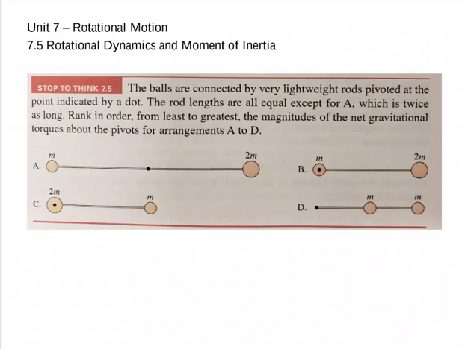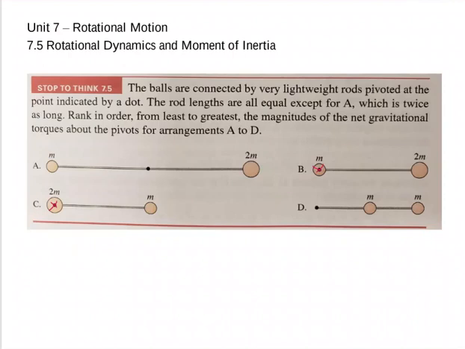Okay. So you're saying C is greater than B or C is less than B? C is less than B. I would agree with that. Do you agree with that? Yeah. Because the bar for C and B is the same length, the mass sitting here has no effect because it's sitting right on the pivot point. Same with the mass that's sitting here, it has no effect.